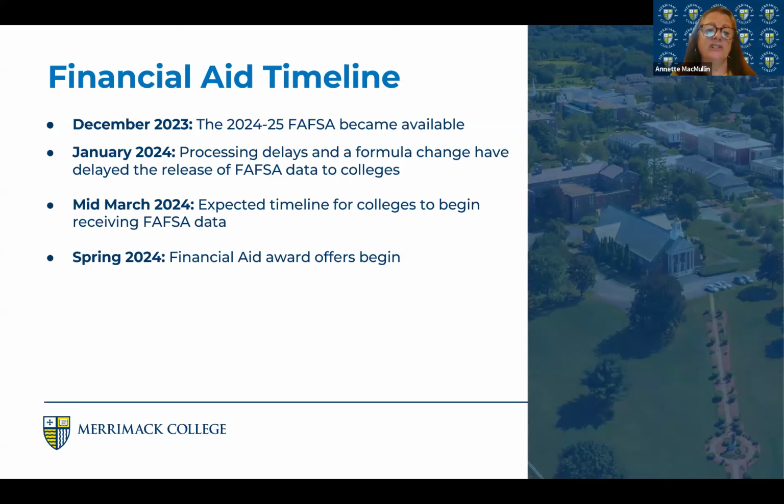And we are hoping to be able to do that, not right away. So don't think that as soon as we get your information, we're going to turn around your aid offer. It's going to take us a little bit of time to process your information, but please rest assured that we are going to work as quickly as possible to get your aid offer to you as soon as we can.